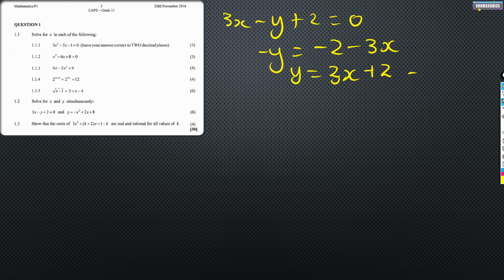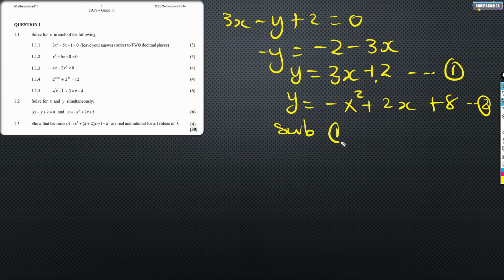Multiply the entire equation by negative, we are going to get y, which is equal to 3x, and then the plus of 2. This will be my equation 1, and then the other equation will be y, which is equals to negative x squared plus 2x plus 8. So now if we decide to substitute this into this equation, which is our equation 2, so then we can substitute 1 into 2.